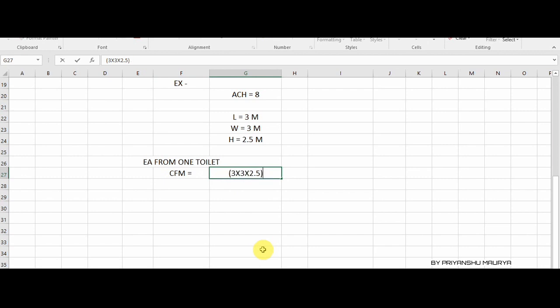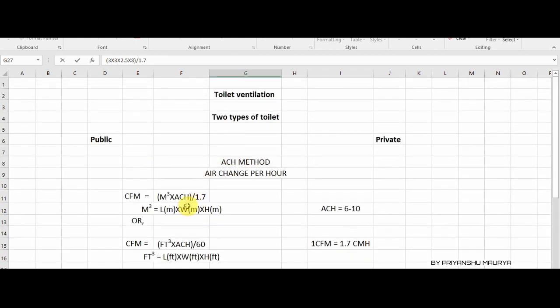I am writing 8 here only. This is the ACH, 8, divided by 1.7. So this is meter cube, 3 into 2.5. ACH is 8 divided by 1.7, because units are in meter, so I am using this formula.